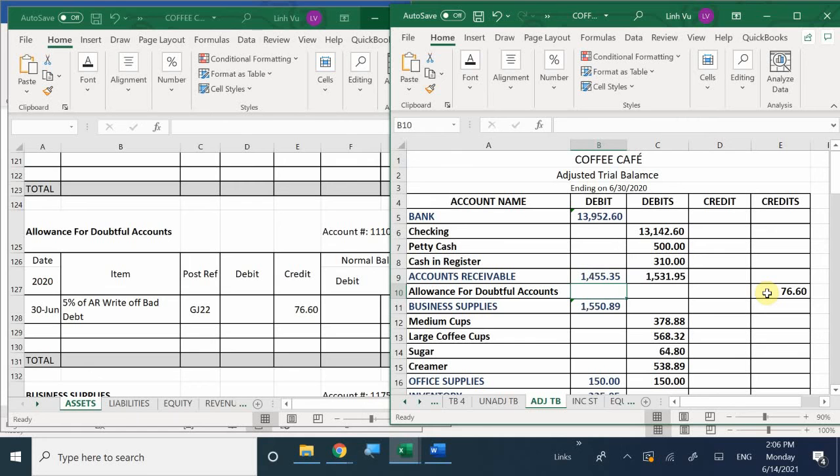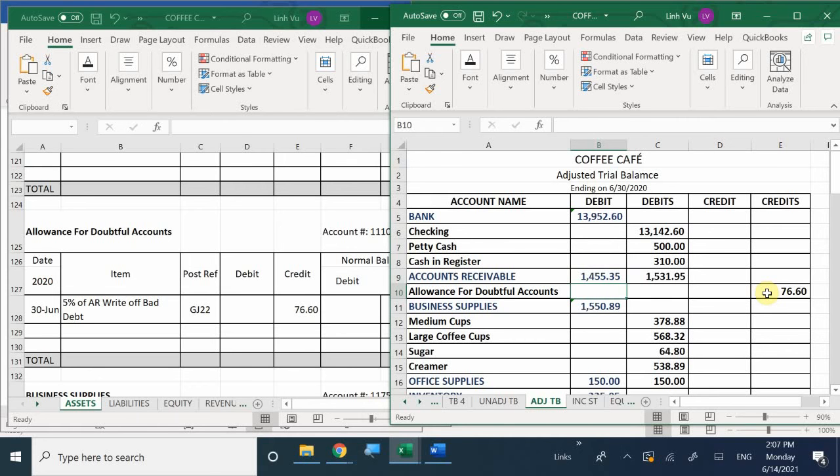Good debt, where we have a potential for 76 and 60 cents to be a bad number. And this is where, when we calculate our bad debt expense, or when we calculate just allowance in general, you have some kind of account balance that exists in the allowance for doubtful accounts account.